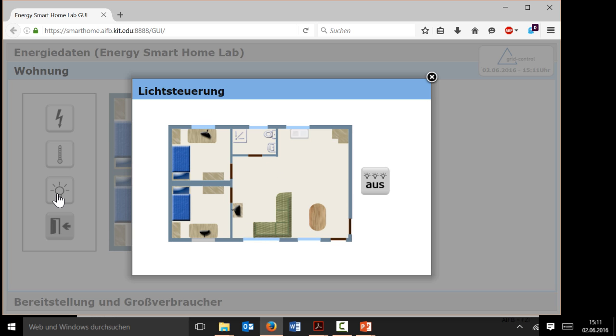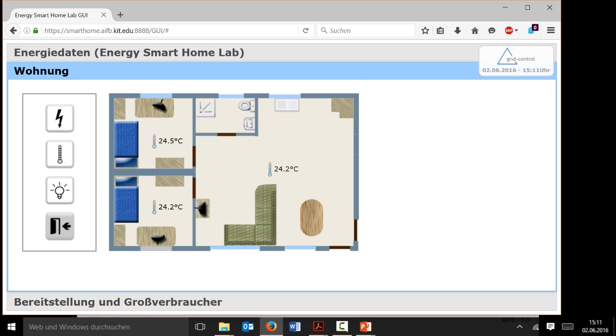I could say I would like to switch on the light there, but this has all been redesigned or had to be updated to a new version. It looks as if this is not working at the moment, but in principle we have the possibility to click on areas here and then switch on the light in that area. So I will close that down again.